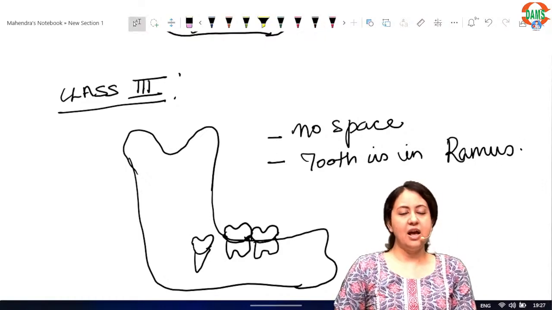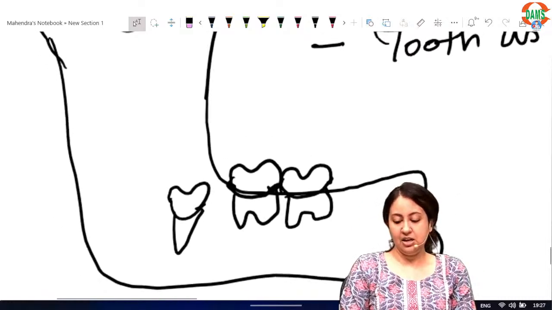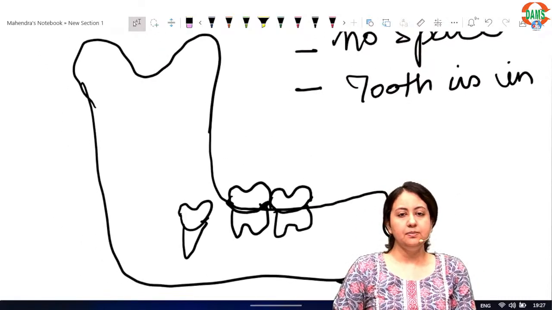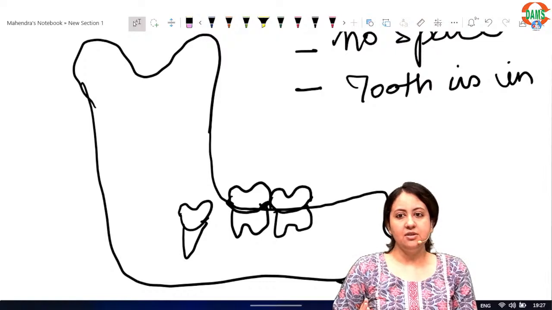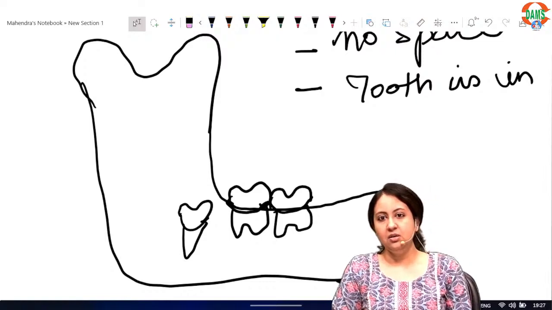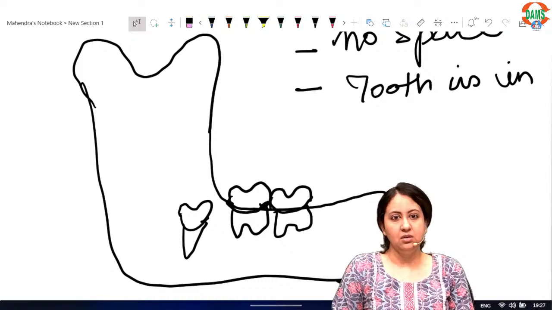Okay, if you see the diagram, the tooth is in ramus. I'm enlarging this.